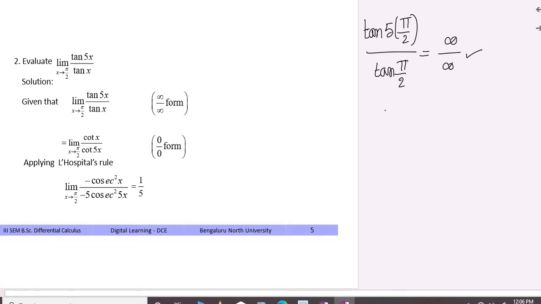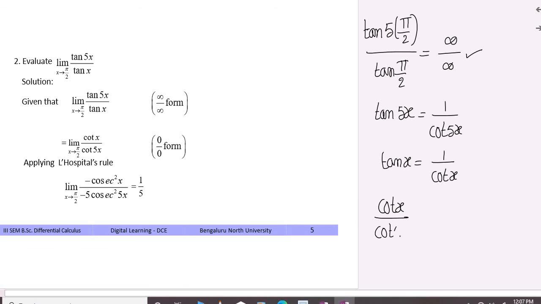Now we are going to change the given function in terms of cot. That means we know that tan 5x equals 1 by cot 5x, tan x equals 1 by cot x. By using these two, we can write tan 5x by tan x as cot x by cot 5x.